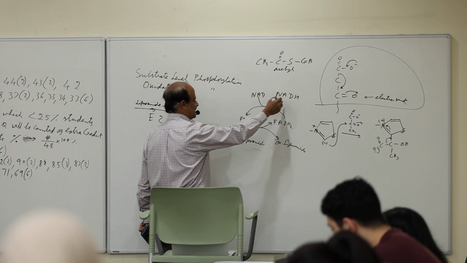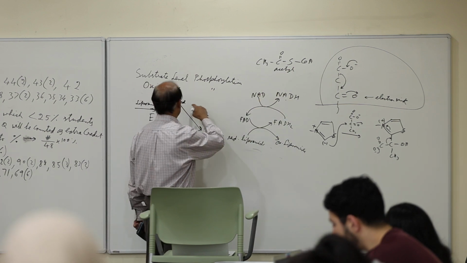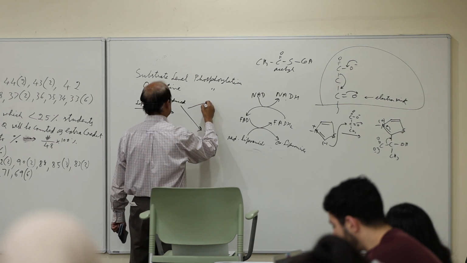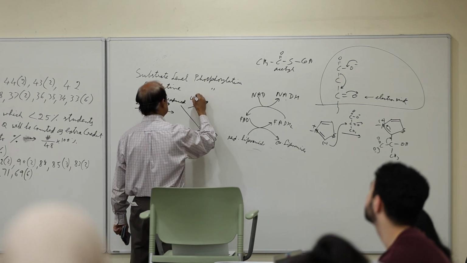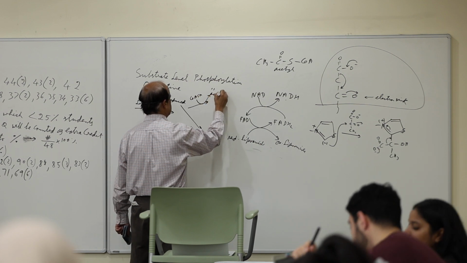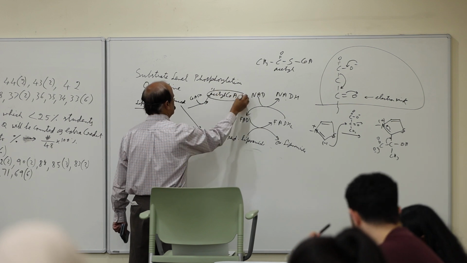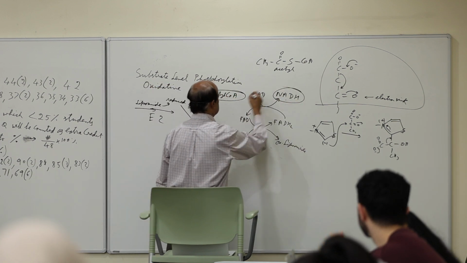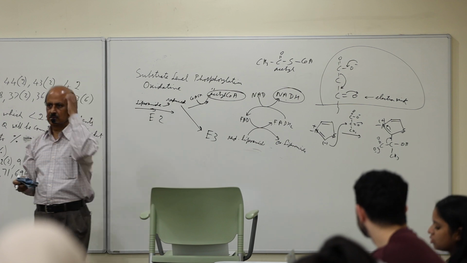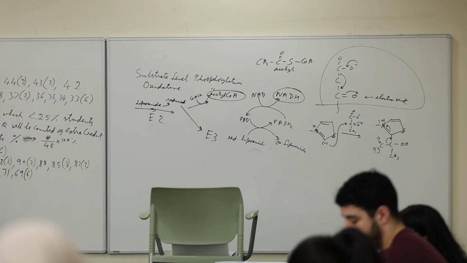Alright, so you got your NADH that will be later oxidized to give energy, and the one that I erased, let's write that again, that coenzyme A will give you acetyl-CoA. So these are the two products that we are interested in, acetyl-CoA and NADH, that will be used in the next step.